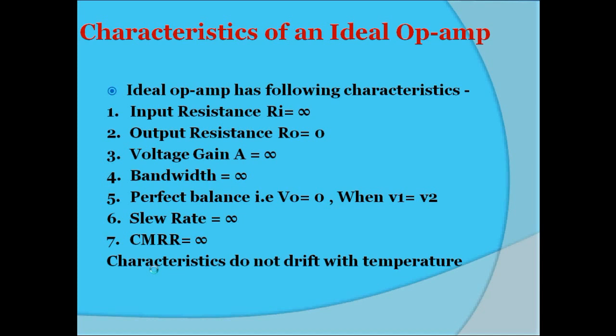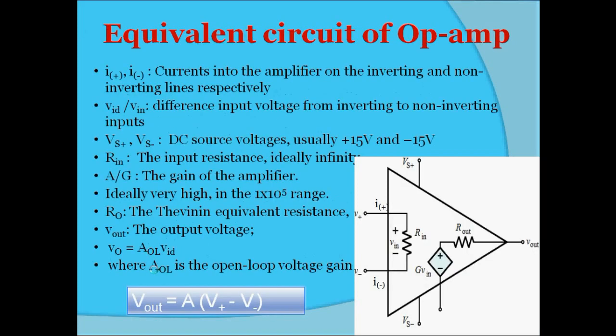Because this CMRR is infinite, the output noise voltage will become 0. The op-amp will have infinite slew rate. Because of having infinite slew rate, the output voltage change occurs simultaneously with input voltage changes. These are some of the ideal characteristics of the op-amp. Op-amp is best suitable for a number of applications.